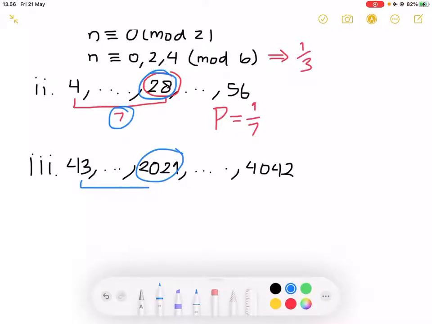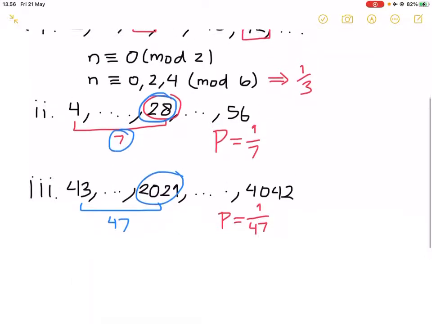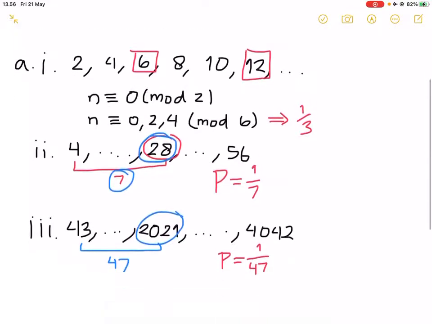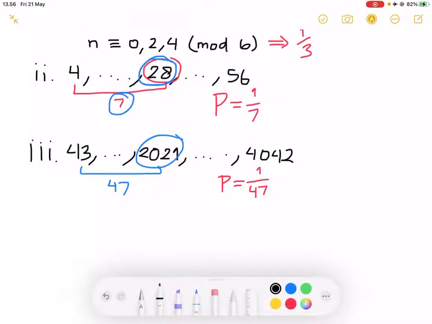And you may notice that there are 47 multiples of 43 up to every multiple of 2021. So again, by the same reasoning, we can conclude that the probability here will be 1 over 47, which again could be visualized or proven by the modular technique before.